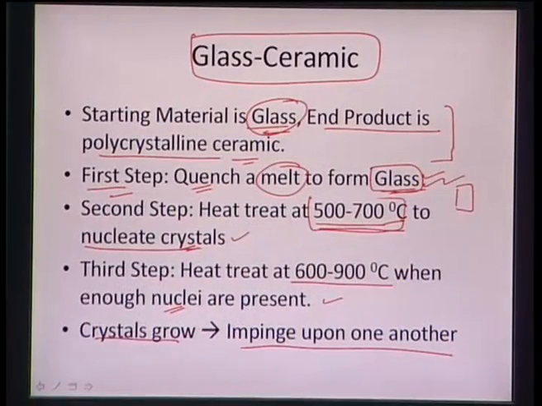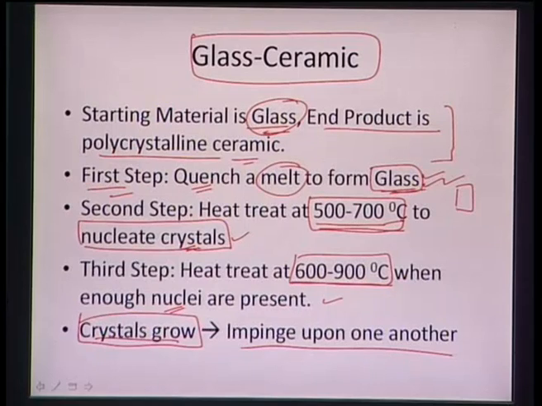In this particular case we start with a glass, first melting everything, and then quenching it to result in a glass. Once we have a glass, we heat it up to around 500 to 700 degrees centigrade to nucleate certain crystals, and we allow it to grow at much higher temperatures, 600 to 900 degrees centigrade. And once the crystals start growing, they tend to impinge upon one another to form a ceramic.